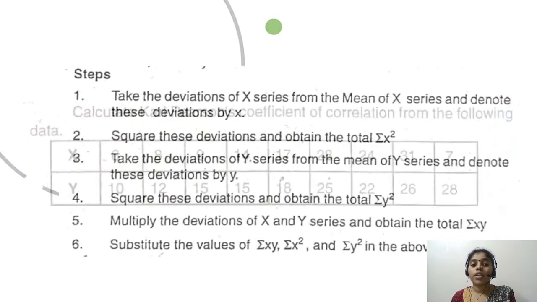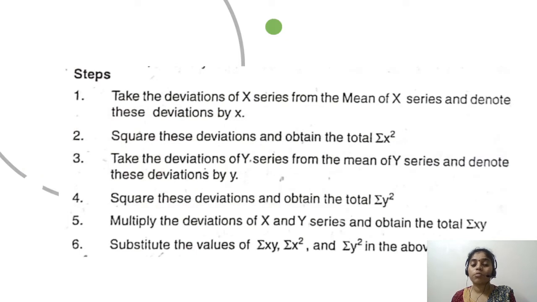Next come to the calculation. Here we have a few steps to be followed to calculate the R value using the first formula. The first step is taking the deviation of the x series from the mean value of the x series and denote this by small x, then square the deviations obtained and get the total summation x square.